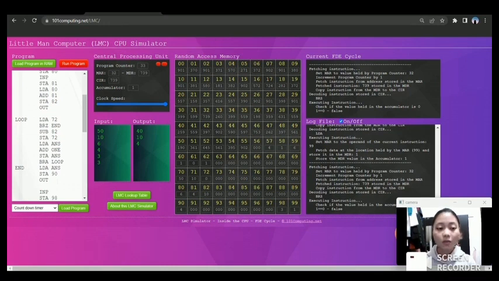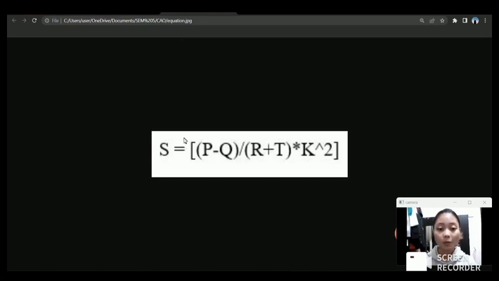So our first number for P is 50, and then Q is 10. The output will be 40, and then R is 6 plus T is 4, so it will be 10. So 40 divided by 10, it will appear 4.